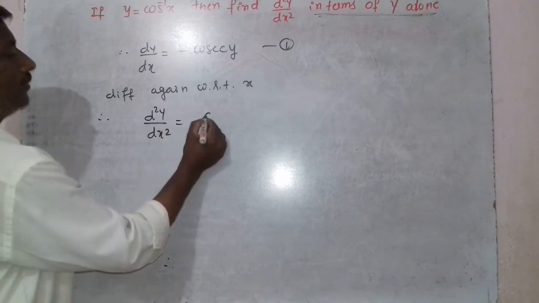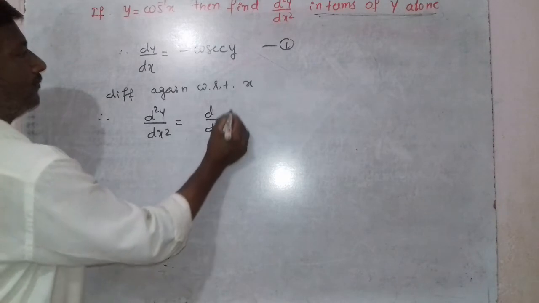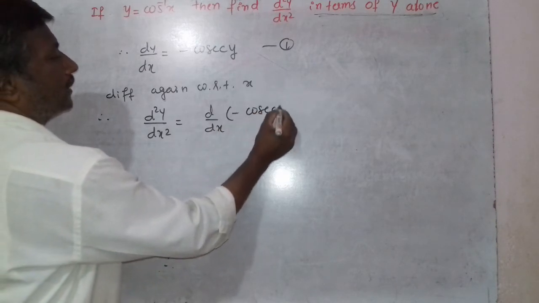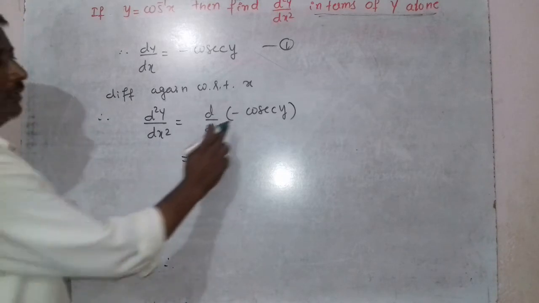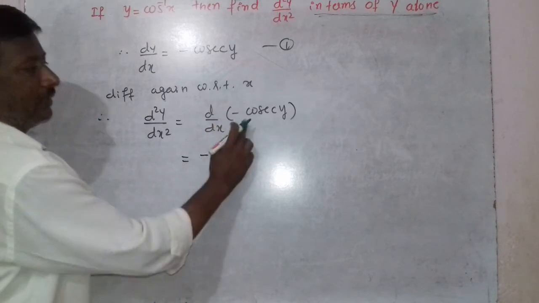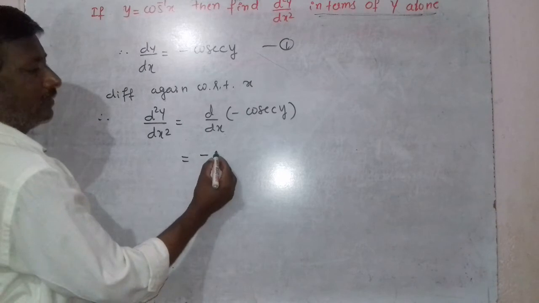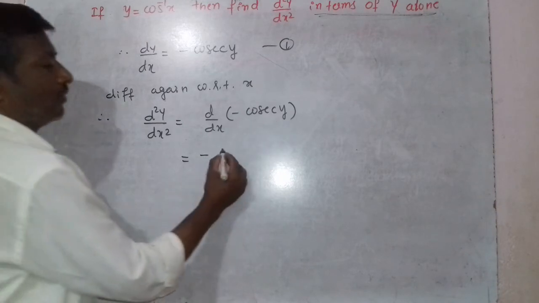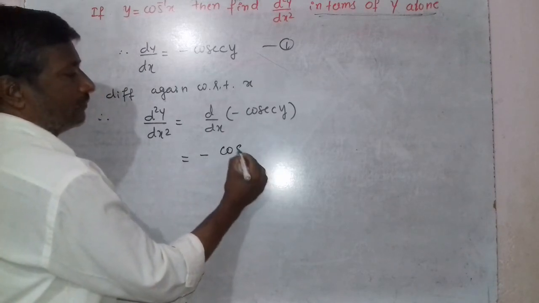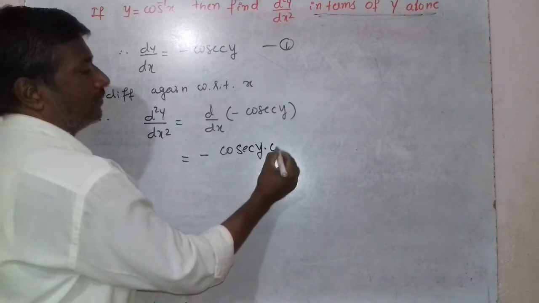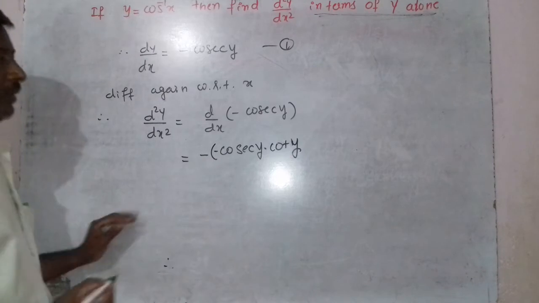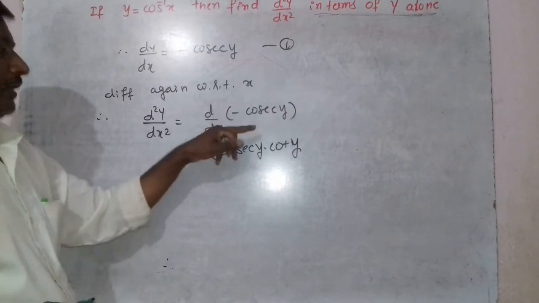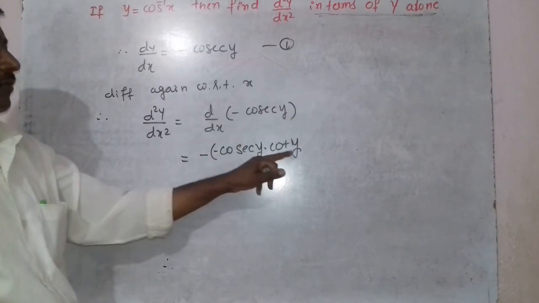This equal to dy dx of minus cosec y. This equal to minus derivative of cosec, cosec x cot x. Therefore, cosec y cot y. Derivative of cosec is minus cosec x cot x.